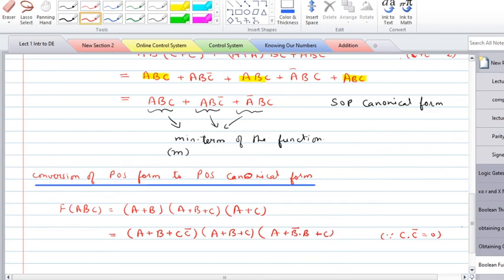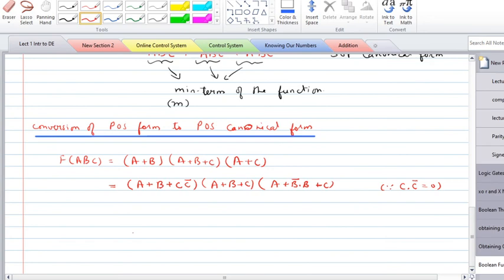Again using another Boolean theorem, if a plus b bar is there, you can write it like this: a plus b multiplied by a plus b bar.